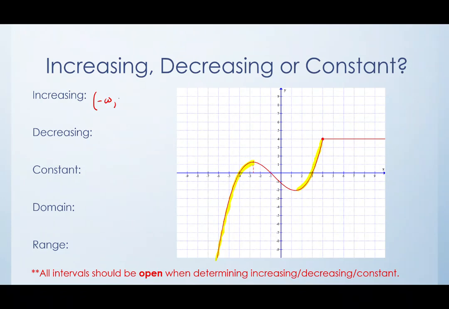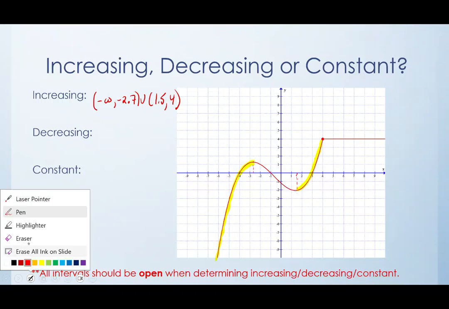As long as you're in the ballpark on something like this, if it's not labeled, it's okay. And then this one here, maybe about 1.5 up to 4. And again, these are all open intervals, so no brackets, just parentheses for increasing, decreasing, and constant.